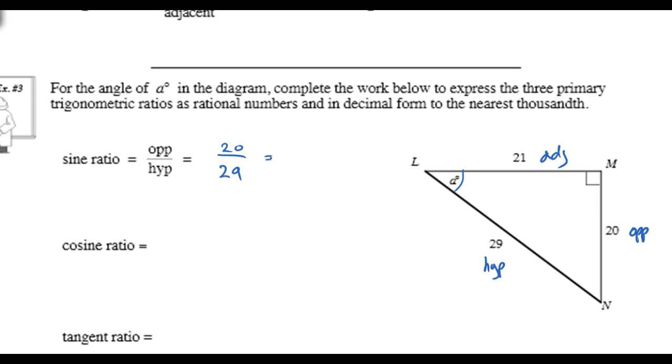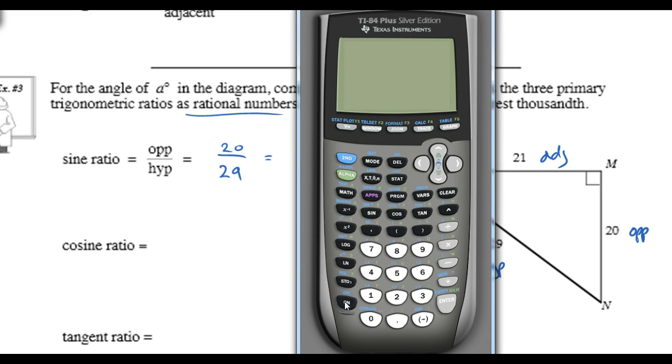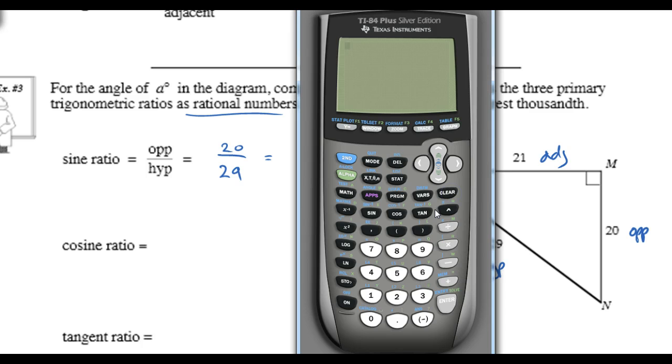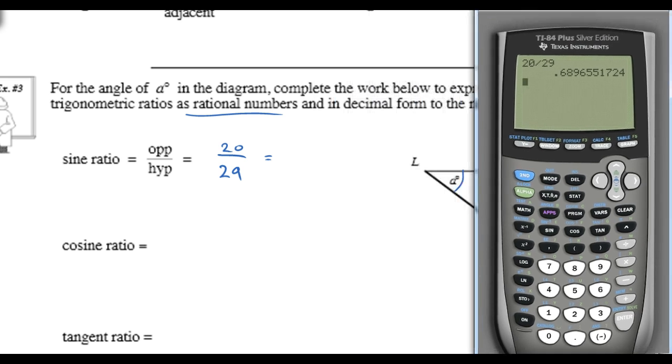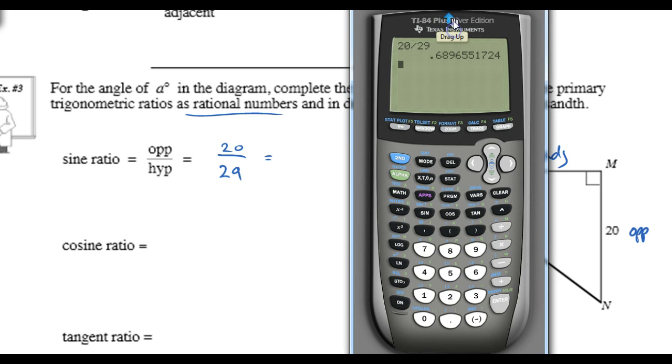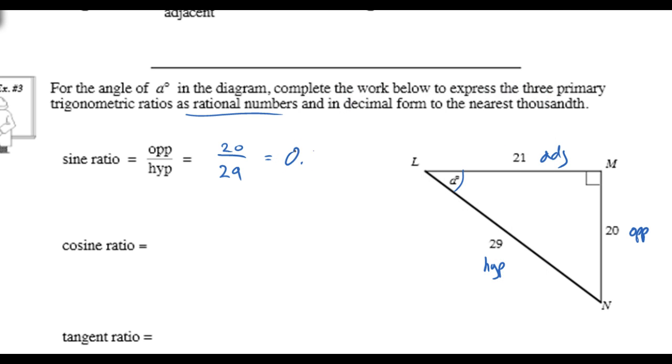That is the ratio in rational numbers, but we also want decimal form, so let's get our calculator out, which you will need. 20 divided by 29, to the nearest thousandth, is 0.690.